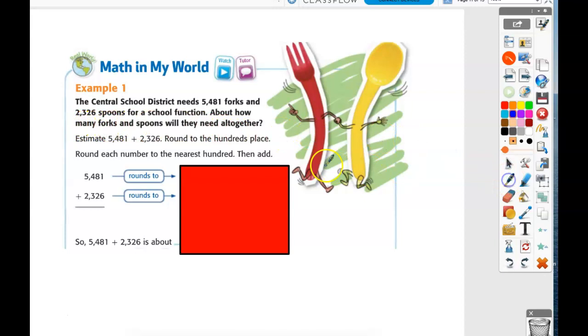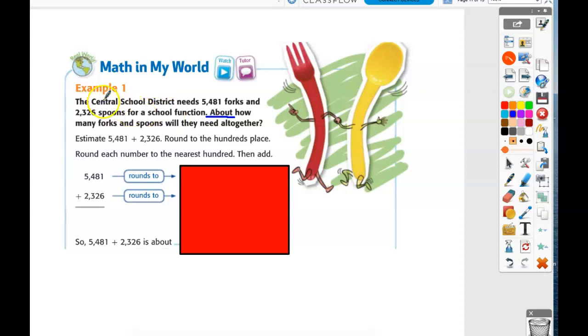Well, boys and girls, this is such an important word, about. Whenever you see the word about in a number story, that's telling you right there they want an estimate. They don't want the actual answer, they want an estimate. So whenever you're reading word problems, make sure you look for that word. And if you see it, underline it. That way you don't forget about it.